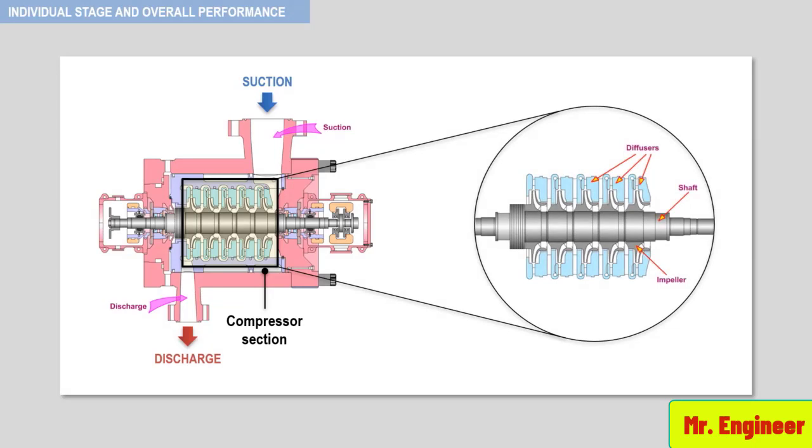As you can see here, in our example, this compressor section contains 5 stages. Now, in order to properly define compressor performance, a performance curve is required for each section, as depicted here.